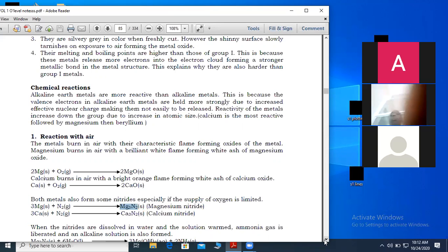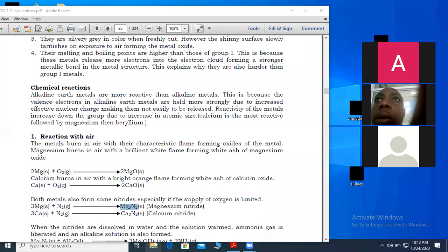and you give an equation. I said when magnesium nitride is dissolved in water, it will give out an alkaline gas. I told you that there is only one alkaline gas in O-level chemistry.